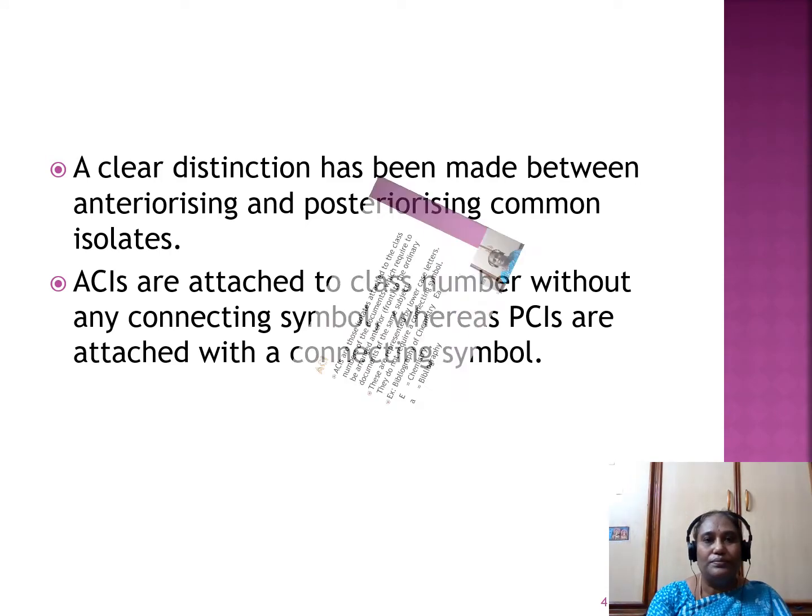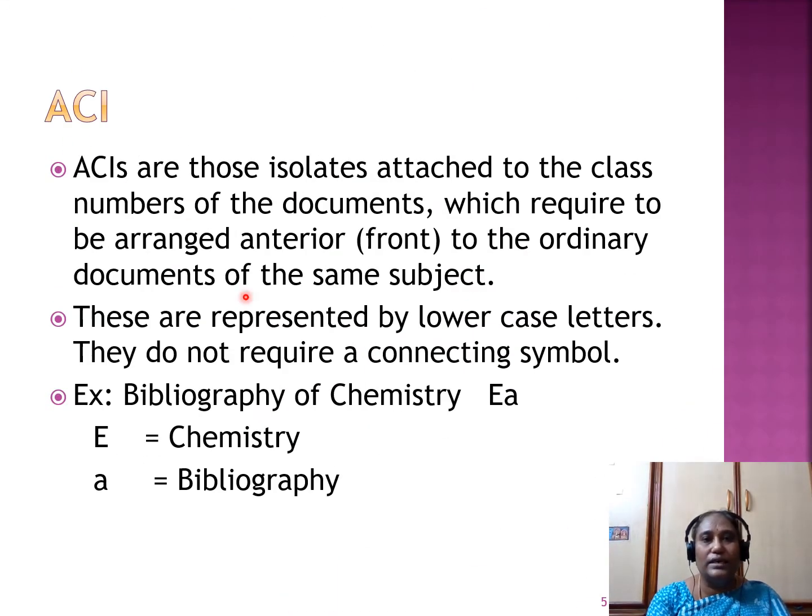Next, ACI. Anteriorizing common isolates are those isolates that attach to the class numbers of the documents which require to be arranged anterior, which means in front of, the ordinary documents of the same subject.